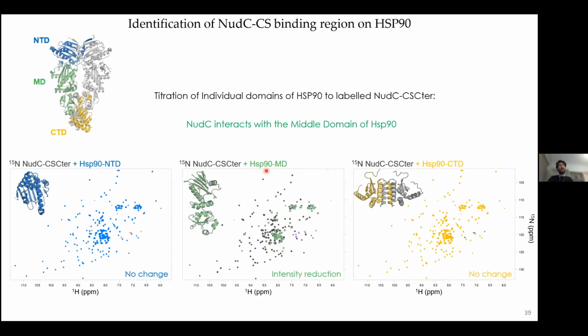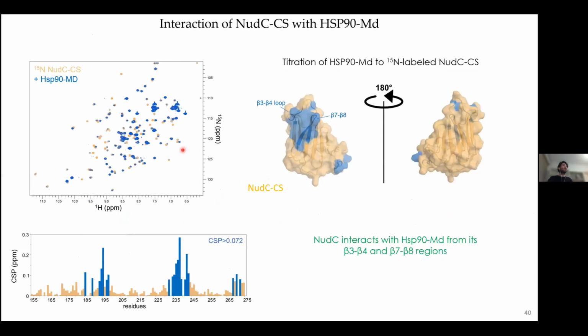So we can try to characterize this interaction further now that we have identified it. We can do a full titration of the middle domain of Hsp90 onto the NASP CS domain. We can follow the shifts, quantify them, and plot them on the sequence. We can identify regions that are particularly perturbed by the addition of the middle domain.